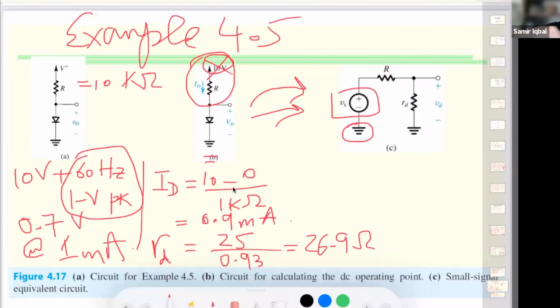If you get scared with this, you could have just written it like this, and this guy is the diode now.